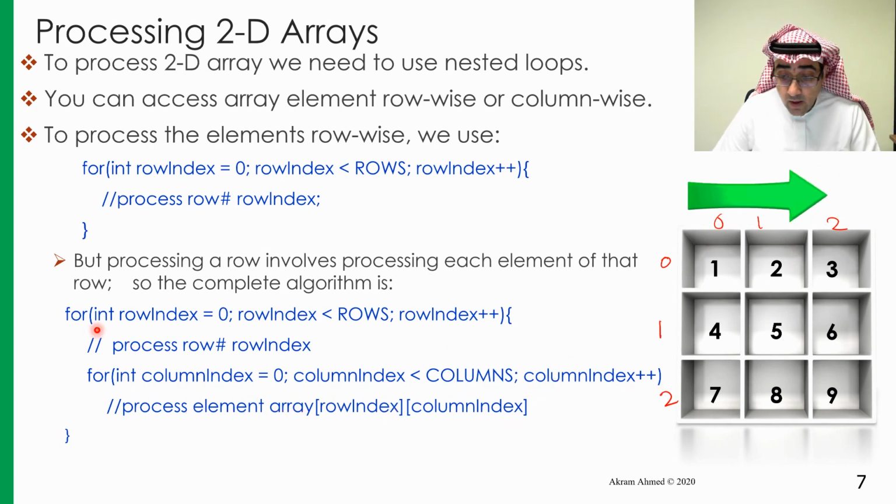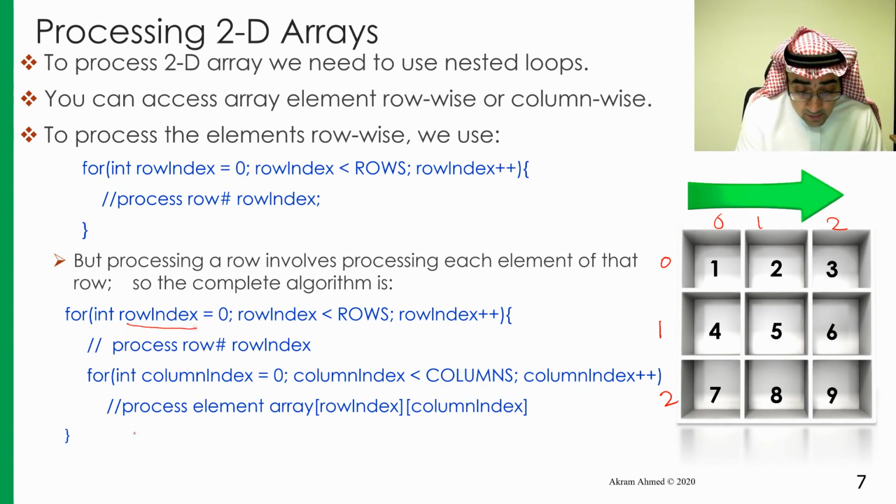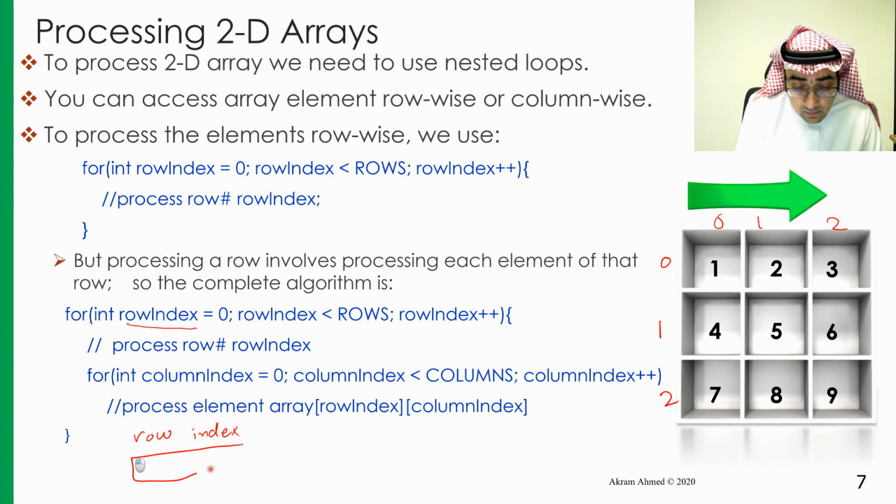Now notice what happens over here. Let's take this example. In this example, we have int row index as a variable, and we have it starting at 0.